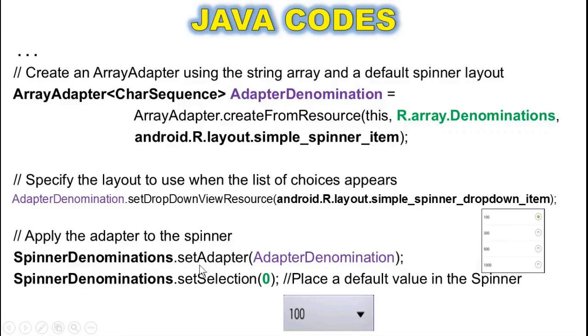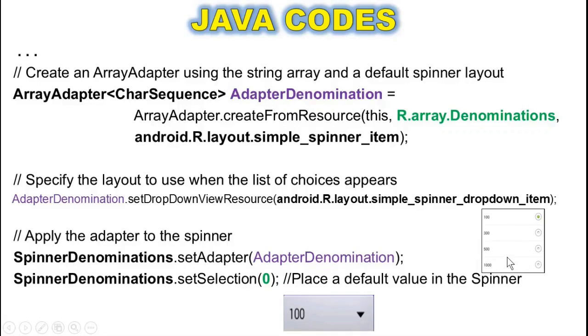Then spinnerDenominations.setAdapter, and adapterDenomination will apply the adapter to the spinner. And finally, this command line spinnerDenominations.setSelection, I place the argument index 0, to place a default value in the spinner. The 0 is the first index of the string array, and these are the contents of the spinner: 100, 300, 500, 1000.